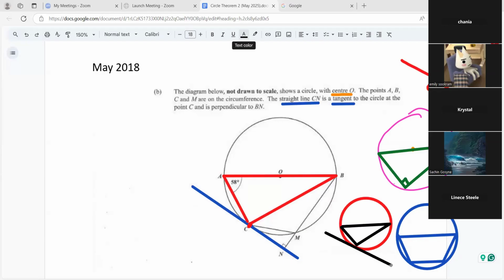So there's alternate segment theorem here, but there's another one that I'm seeing as well. I'm not sure if we will have to use that one, but just in case, I'm seeing another version of alternate segment theorem. This one over here. As long as you could get a triangle, all three corners must be touching the circle, right? All three vertices.